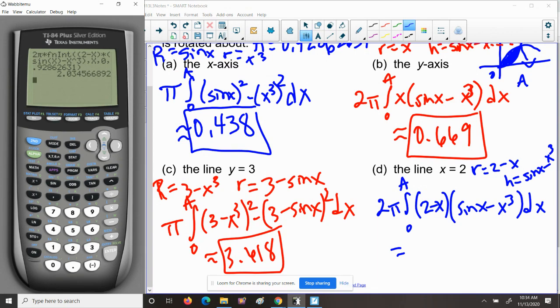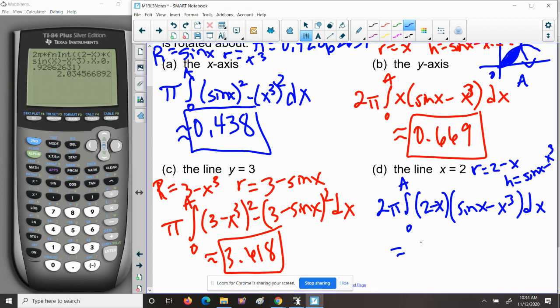And that gives us 2.035. Wow, that doesn't look like a 2. Let's fix that.